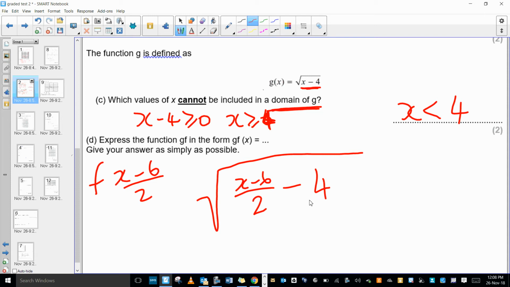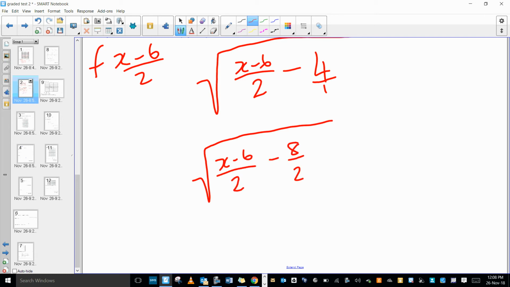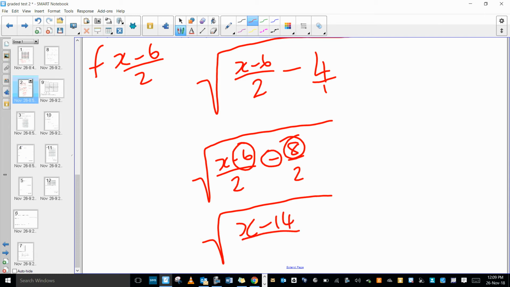So we need to rewrite this in a simplified version. We've got a denominator of 1 currently, and that's a denominator of 2. So we've got (x minus 6)/2 subtract 8/2. So then we've got -6 subtract 8, which is -14/2. Done.